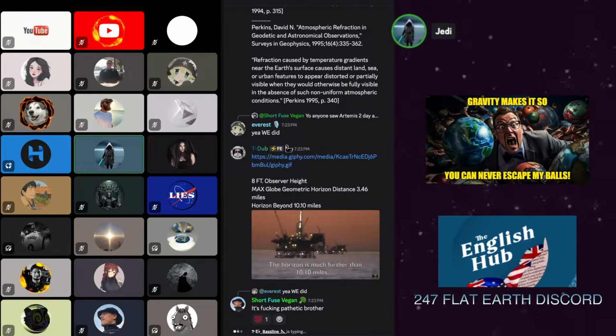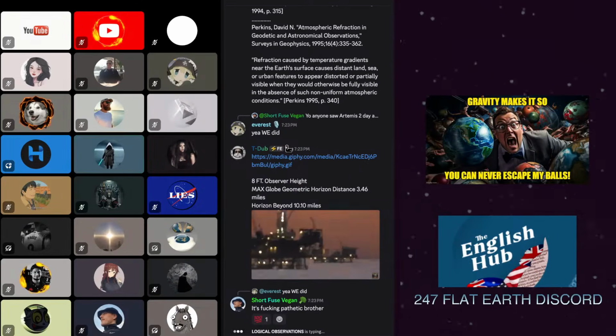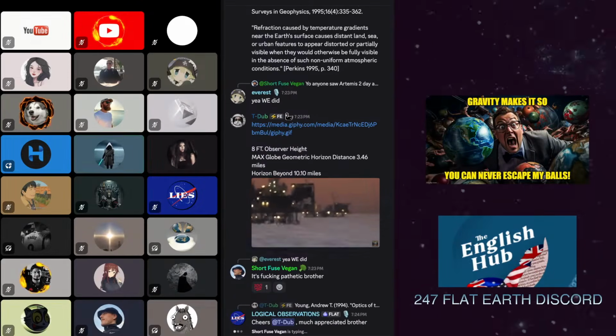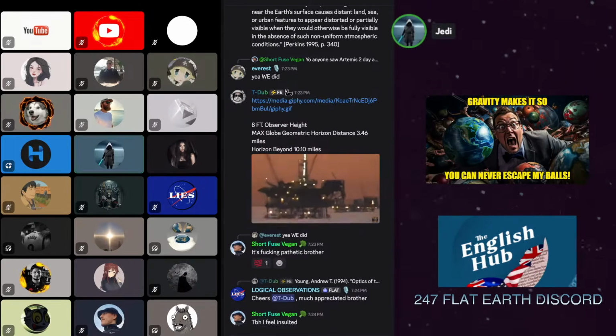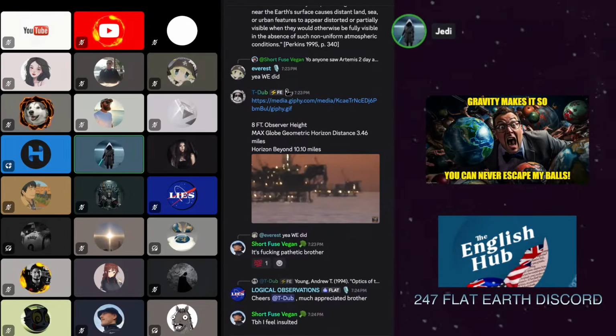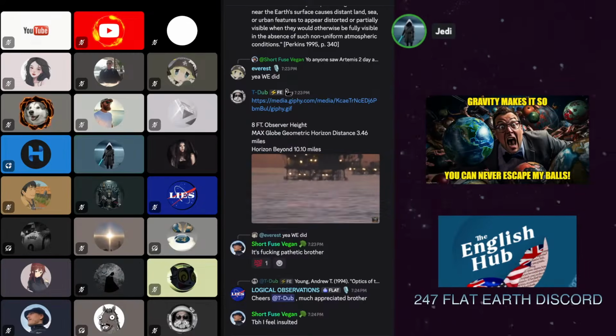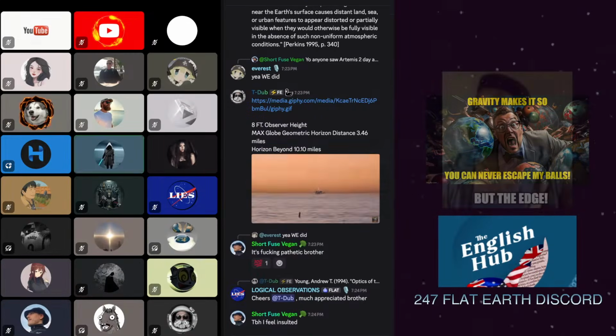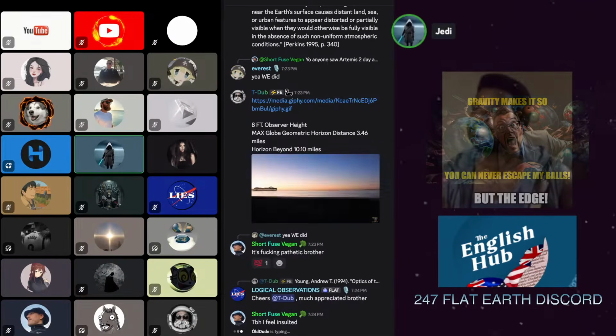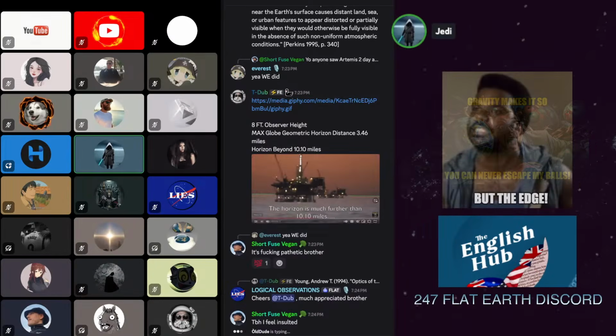The horizon for a 6 foot observer is going to be about 2.8 miles away, just under 3. Now, the image that I posted is an observation height of 8 foot above the surface of the seawater. The oil rigs, we know how far away they are from the observer. I think they're about 8 and 10 miles away, 7 and 9.